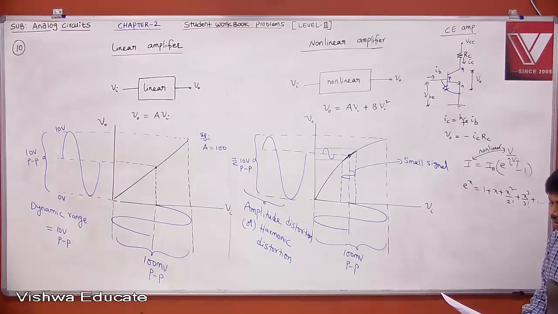Option A, compressed. Option B, expanded. Option C, constant. Option D, none of the above.